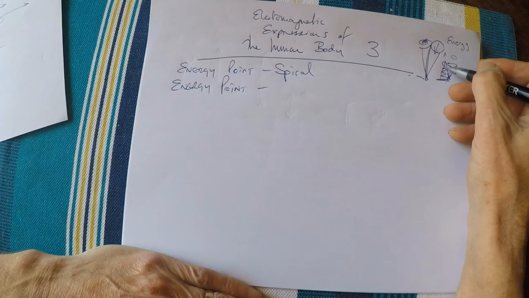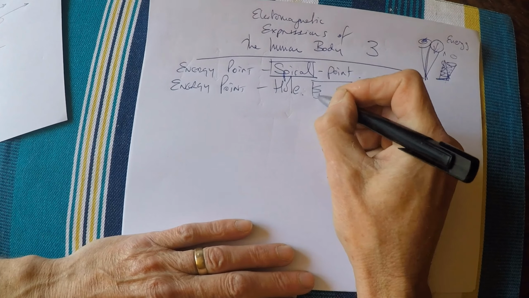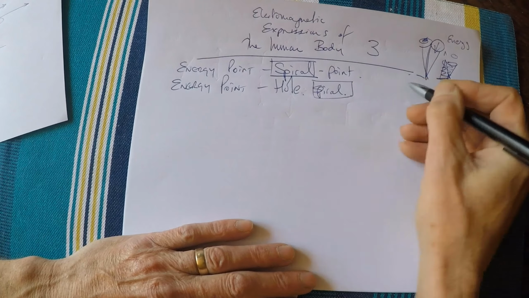So now I'm going to be talking about an energy point. One is a spiral, one is a hole. So hole is hole, spiral is energy, point is a point. So we'll just call it point and hole. But we all know it's a spiral. That's also a spiral. Just one is up, one is down, but they're both going that way.